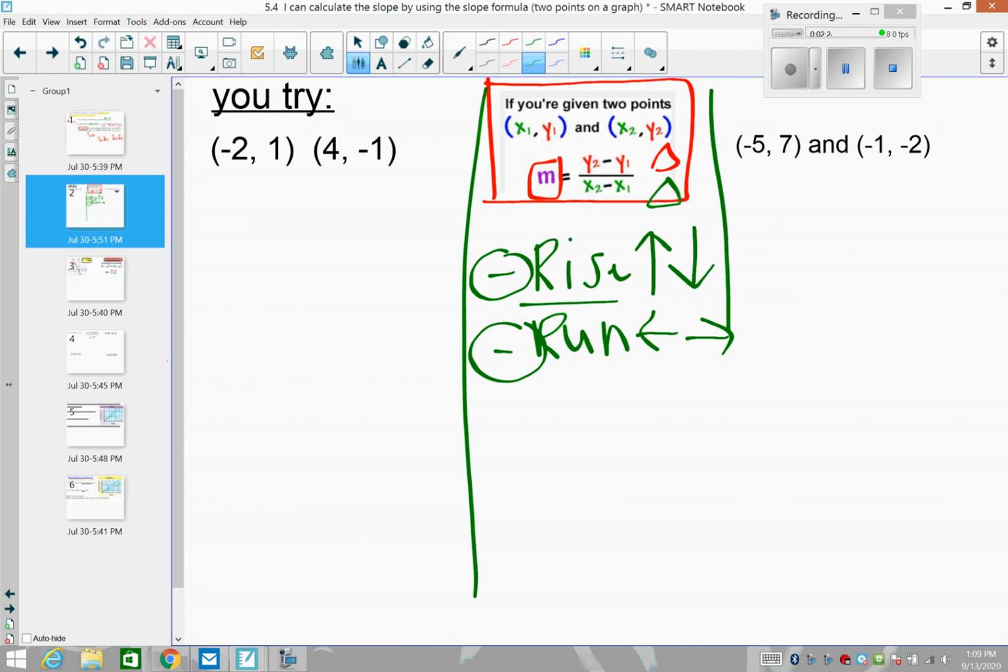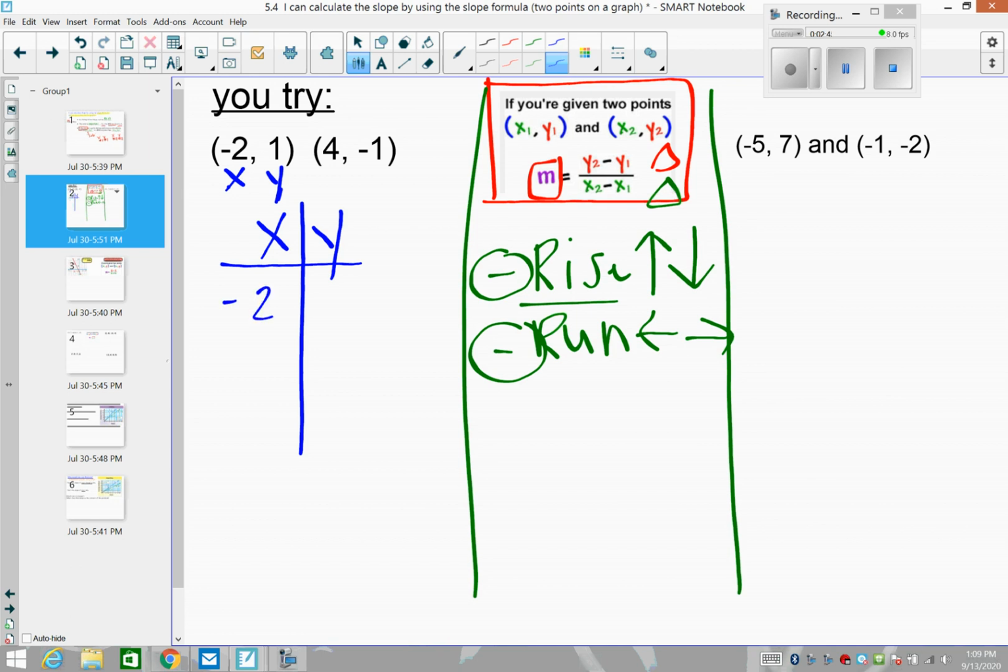So this is the formula. The easiest way is to stack them in a table and subtract. We could plug it into this formula, but I'm going to jump right to what I believe is the easiest way. If we set these up into a table, you know they're in alphabetical order. And in the table, it doesn't really matter which one's first and which one's second. So let's plug them in, -2, 1, and we have 4, -1.